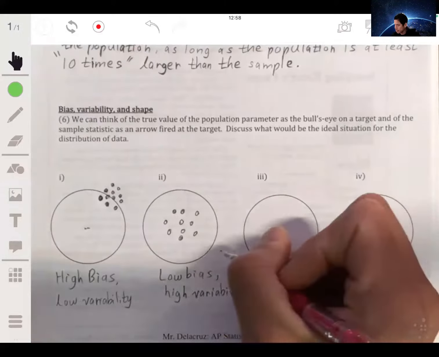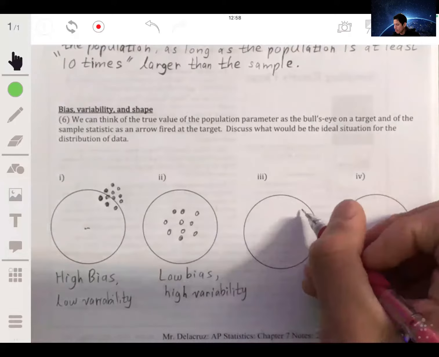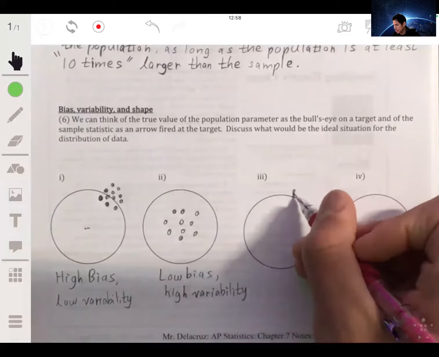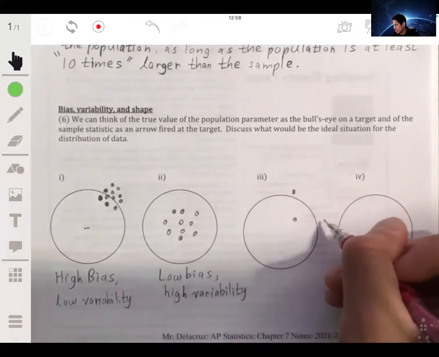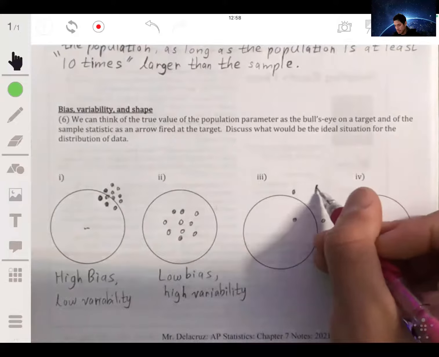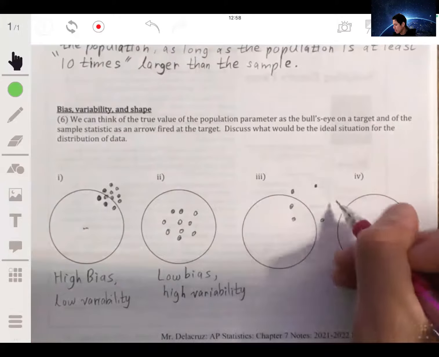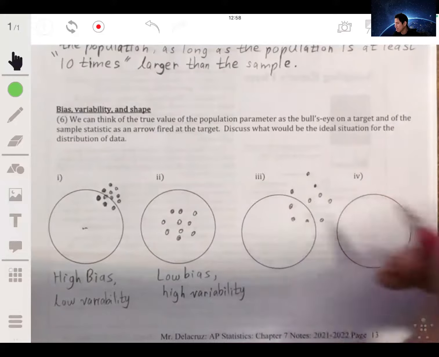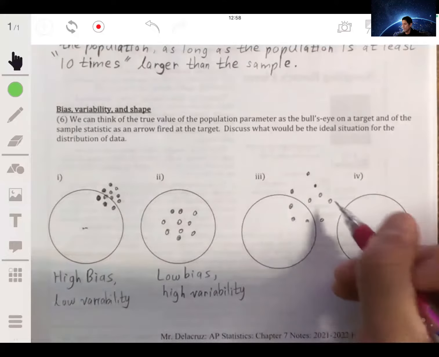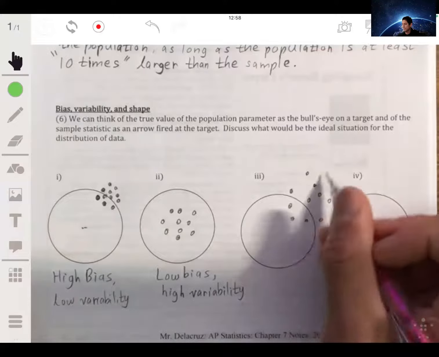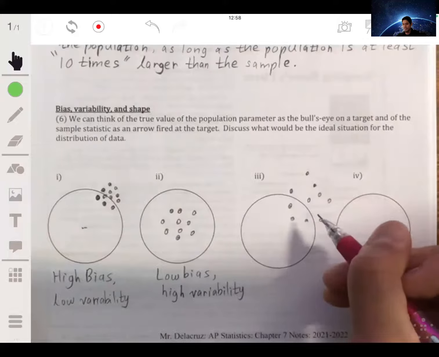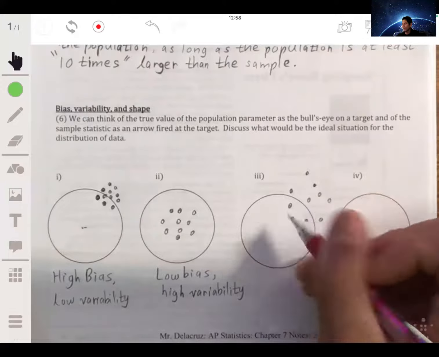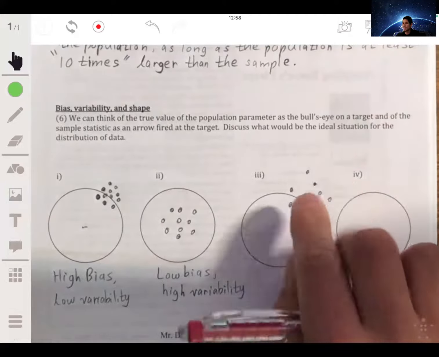Now, we could also be something like this. If we're shooting there, and there. This is probably the worst case, I would say, because you're biased in this direction, but you're not even really consistent.